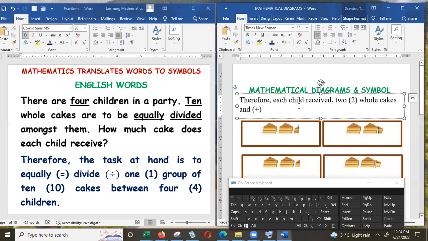So each child received 2 whole cakes and 1 out of 2 slices of a whole. Okay, so that's what happened there.